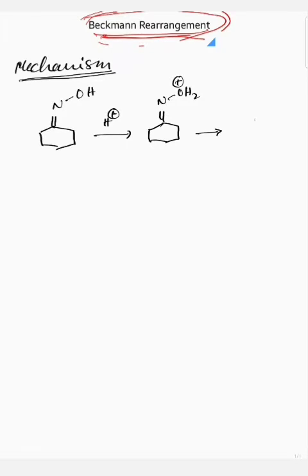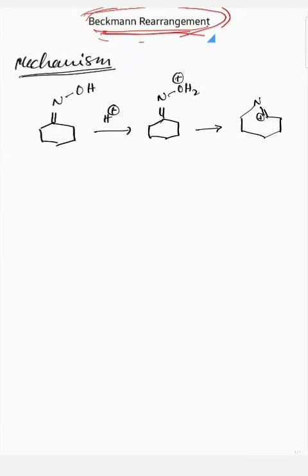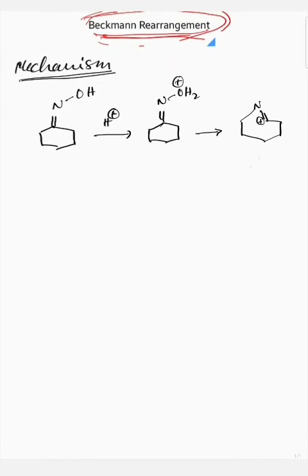Now what will it form? It will form, okay, try to write it in this mode only. Okay, so that will ease your problem to understand this, right? Here you have this positive charge now. Okay, fine. Now this gets attacked by water.